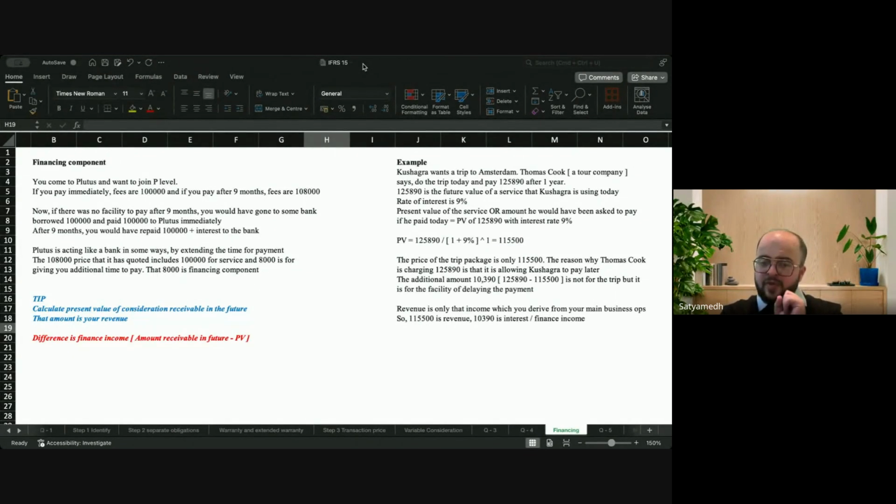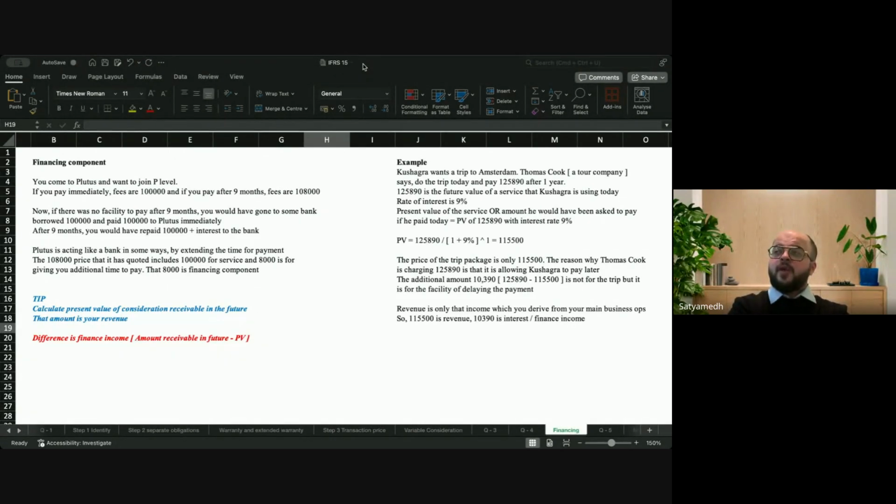So what is this 15,000 that you are paying to the travel operator? This is not an amount you are paying for the sightseeing or for the trip. This is the amount you are paying to the travel operator because he gave you a facility to delay the payment.